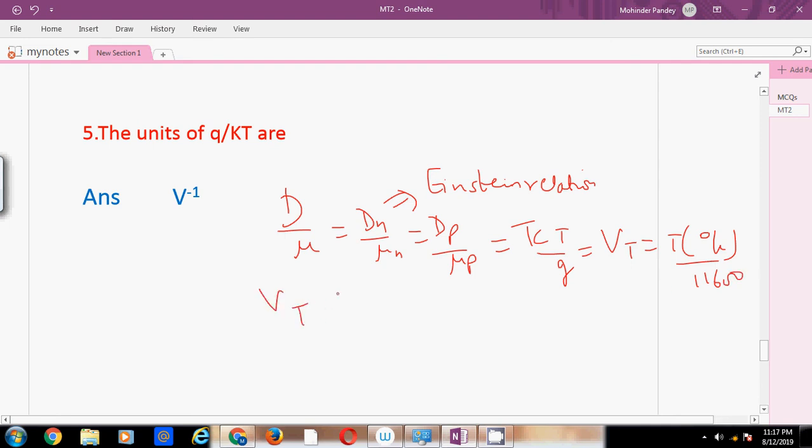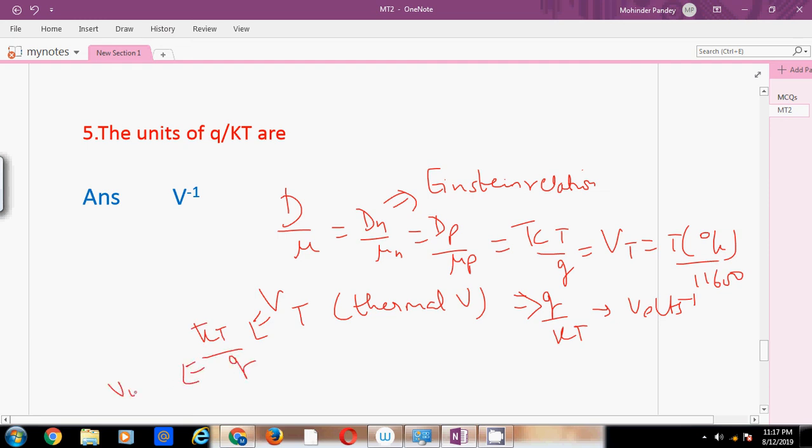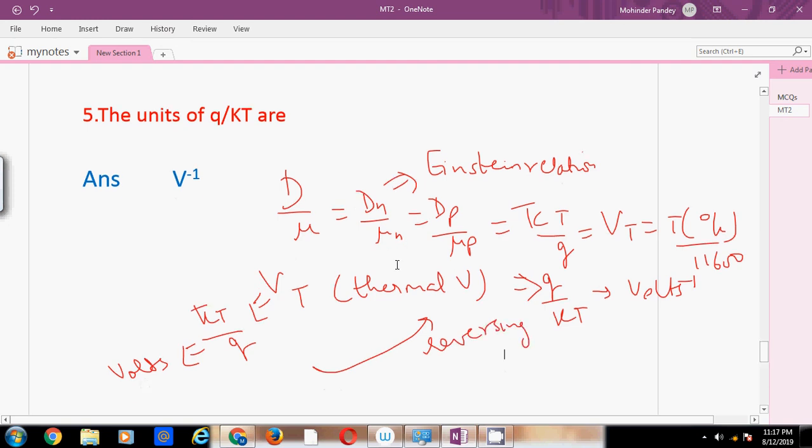So Vt is the thermal voltage. What is this? This is thermal voltage. Vt is equal to kT by q, so its unit is volts. But if I reverse it, on reversing this, we have q by kT, whose unit is per volt. So the answer is per volt.